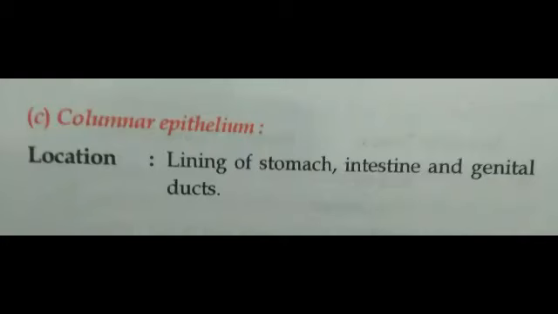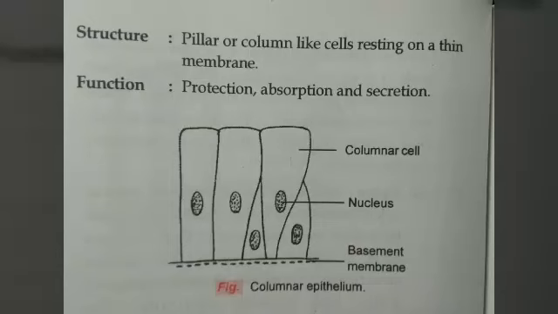It is located at the lining of the stomach, intestine and genital duct. The structure of columnar epithelial tissue is pillar or column-like cells resting on a thin membrane, and the function is protection, absorption and secretion.